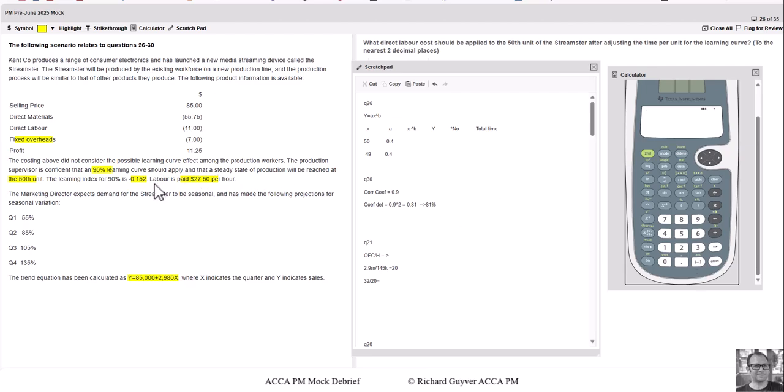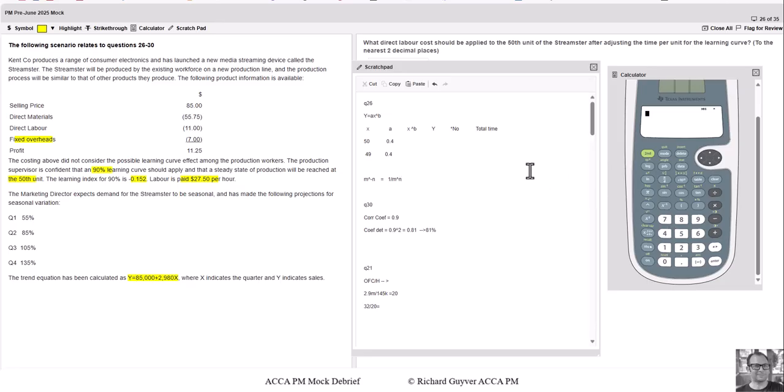Anything to the power of a negative is 1 over the same number. Let me write it out here. M to the power of minus n equals 1 over m to the power of n. So you have to use that in order to use this calculator.